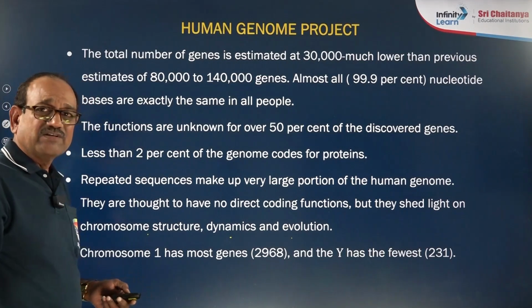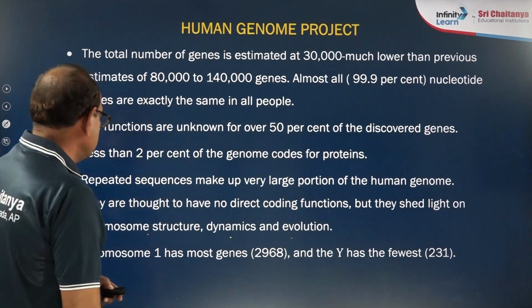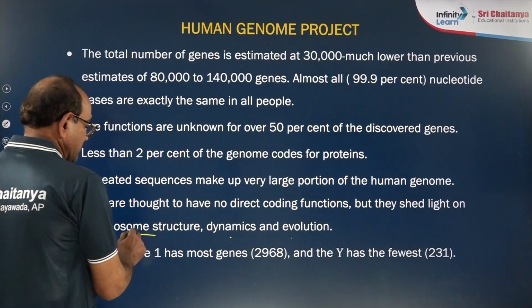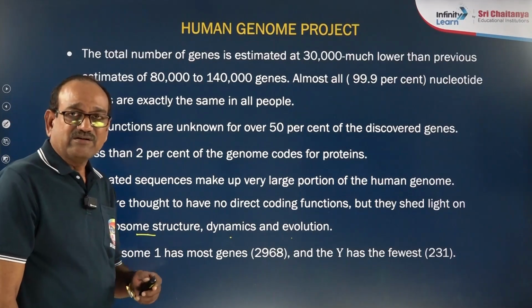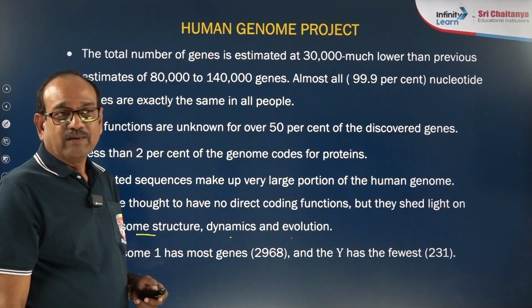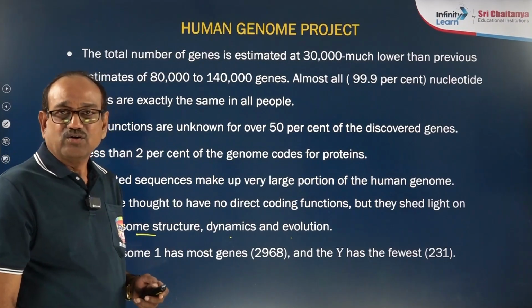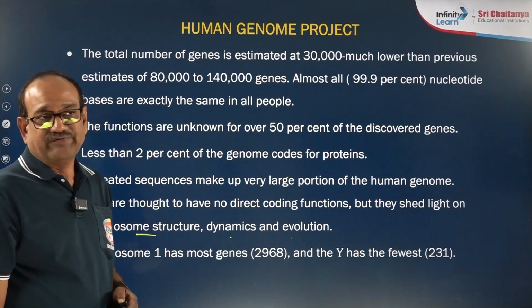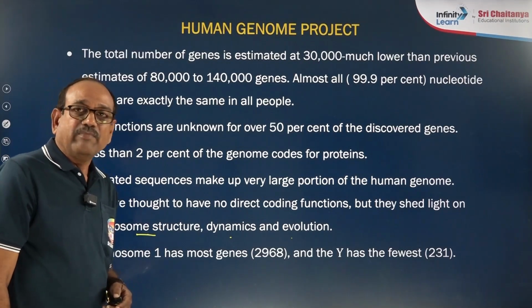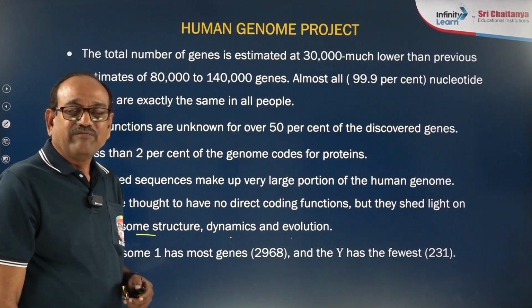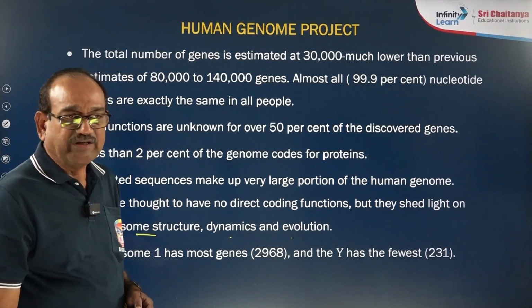Is there any significance of this non-coding portion? Yes. They shed light on chromosome structure. For example, centromeres and telomeres are very special regions of the chromosome. Here, the DNA is non-coding, yet it has some structural significance. During cell division, the mitotic spindle fibers attach to the centromere only.